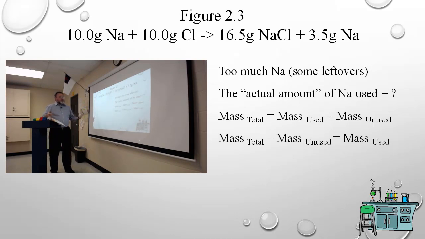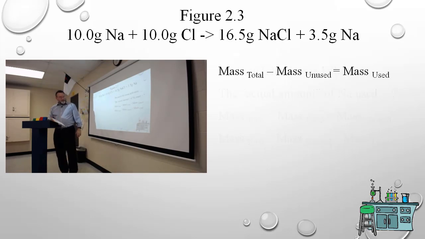I want to find out what I actually used. So if I have 10 grams to start with, and I have 3.5 that's unused, how much did I actually use? 6.5 grams of sodium.